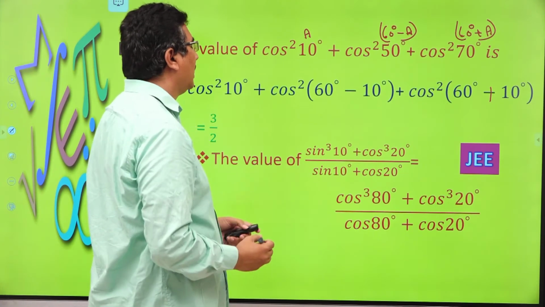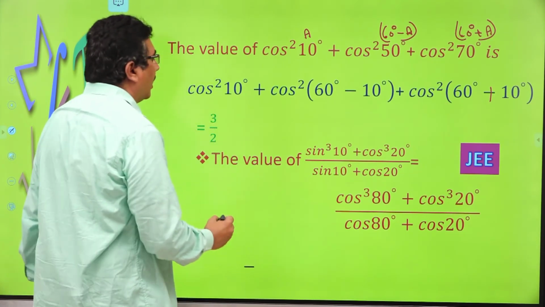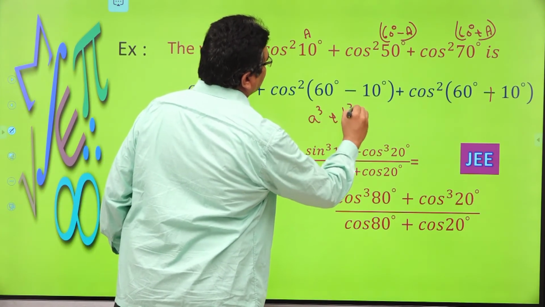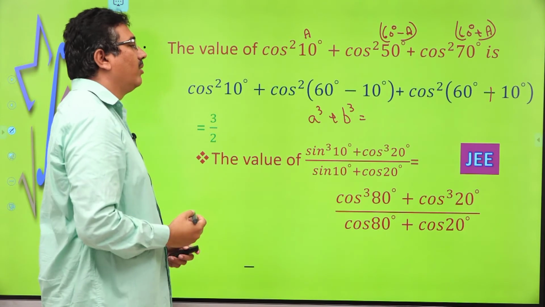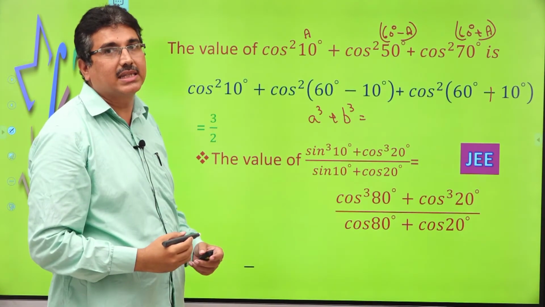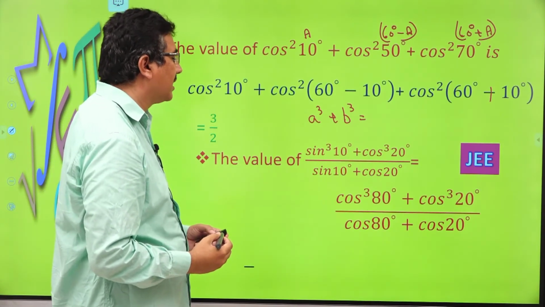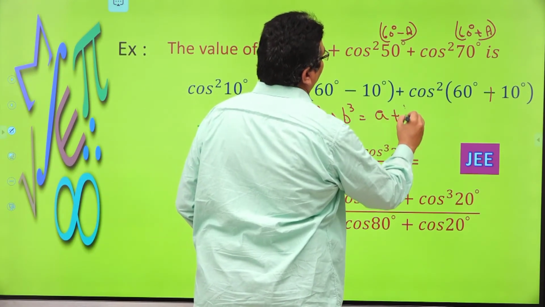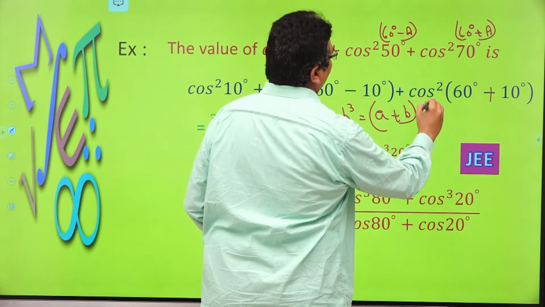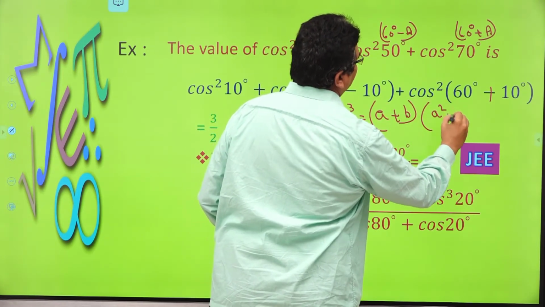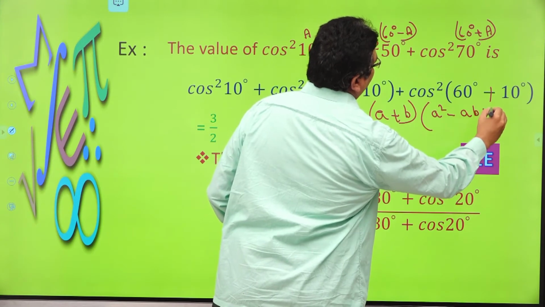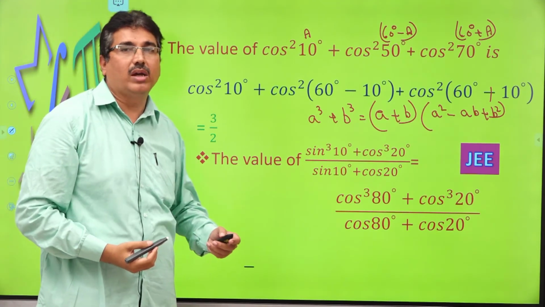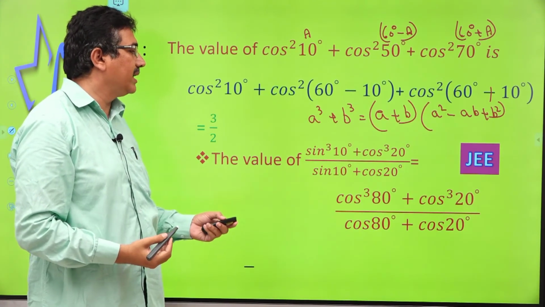Now, the numerator is of the form a cube plus b cube. What is the formula for a cube plus b cube? A cube plus b cube is equal to a plus b into a square minus ab plus b square.